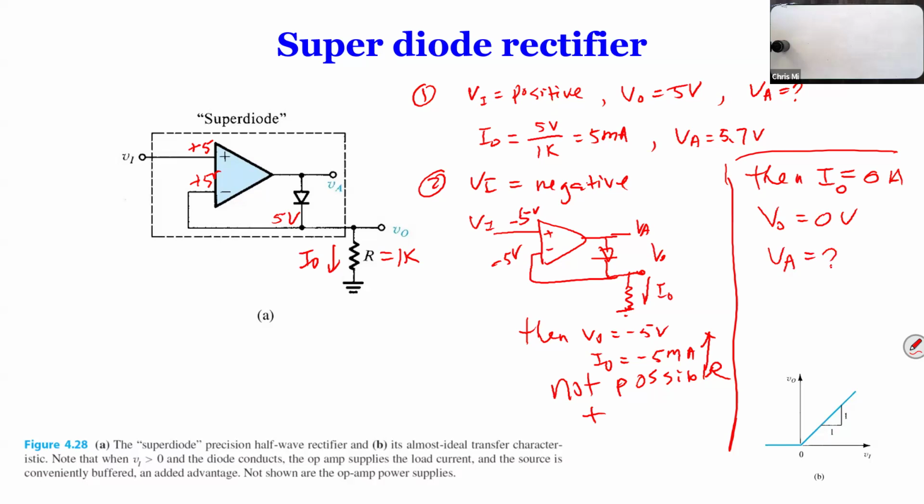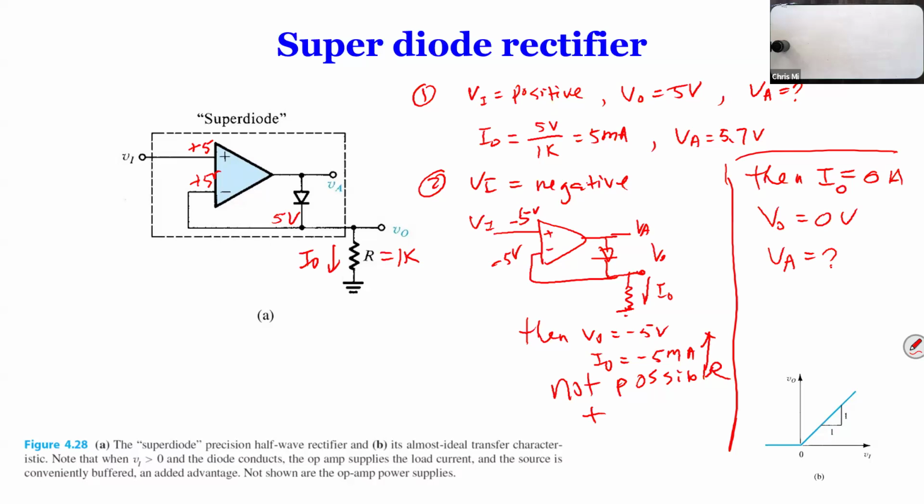Well, if this is an ideal op-amp, the gain is infinite. So the voltage across it is not 0 anymore. The voltage across it is negative 5 volts, so it's negative infinite.